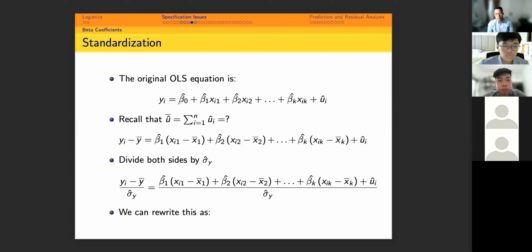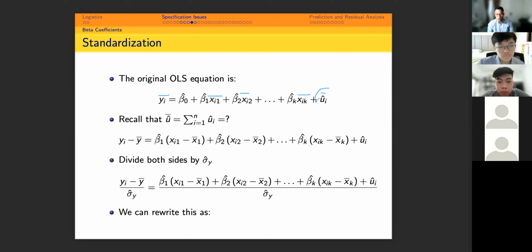The next step is to take the average of the OLS equation. So you take the average of y, and you get the average of the x's as well, as well as the average of the factors that you do not observe, the average residual.